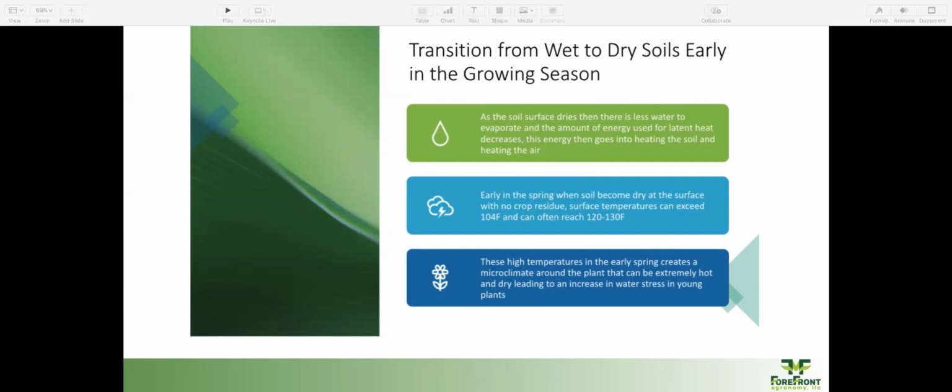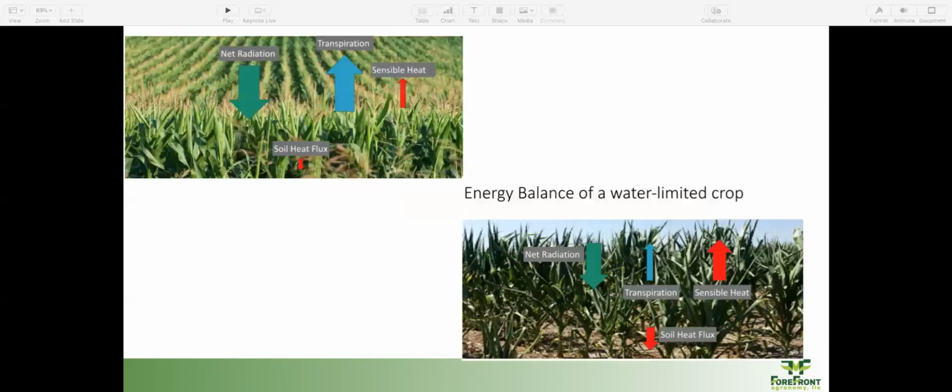And we've all seen it, these high temperatures during the growing season create a microclimate around that plant, and it can be quite a harsh environment for it to try to survive. And waiting for a week for that irrigation to get back around is not what that plant needs. So anything that we can do to offset that.